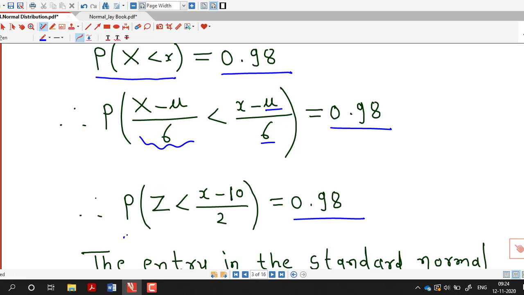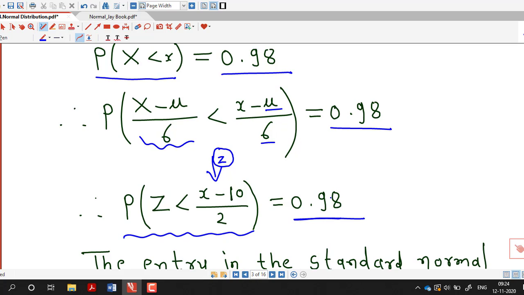So this is the area in terms of the standard normal random variable. So we have to find out this value of Z. Now this value is the value of the standard normal random variable. So we have to find out from the table the value of the standard normal random variable for which the corresponding area is 0.98.